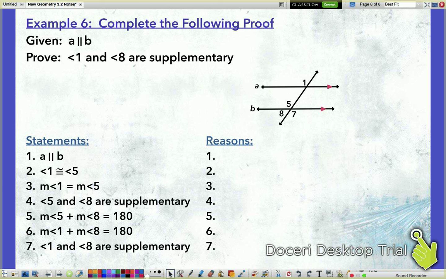So let's just read up top. Given A is parallel to B, and we need to prove 1 and 8 are supplementary. Well, that's fine. My first statement says A is parallel to B. That's my given. Now, we're going to use the postulates and theorems that we got this section, so the first page will be important.